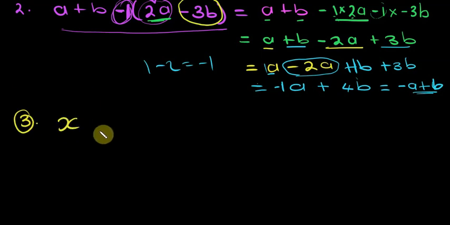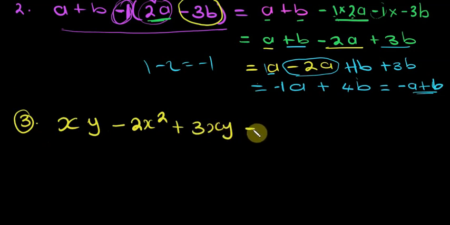Say xy minus 2x squared plus 3xy plus 4x squared. Alright, what's the first thing we do? Well, we have a minus and an addition sign, so whatever we have, always first thing, collect like terms.